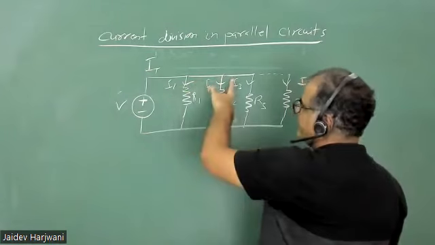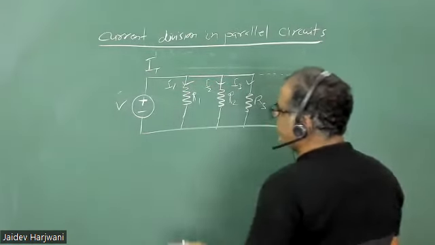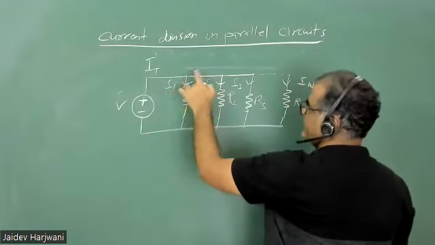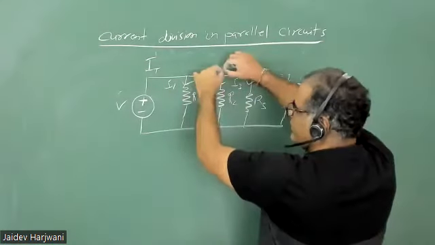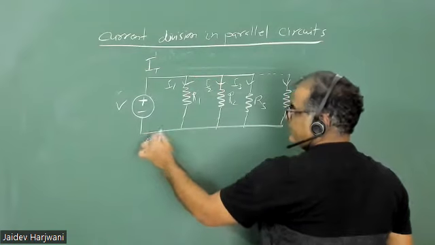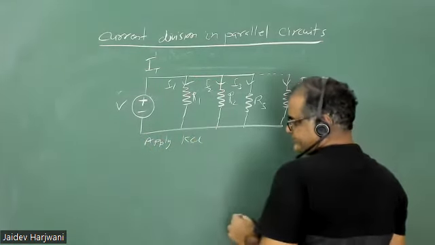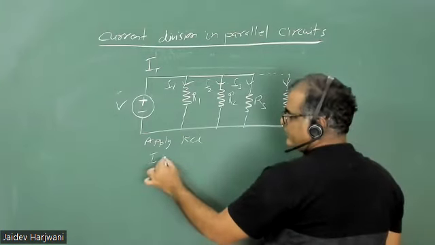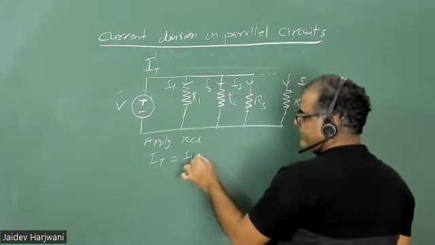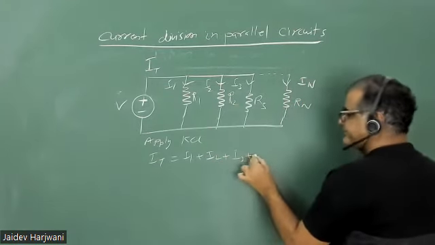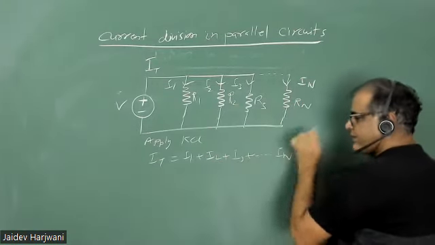Voltage is the same. So if I want to write here, apply KCL, which is one single node. All these are connected on one node. KCL says I total is equal to I1 plus I2 plus I3 plus In.